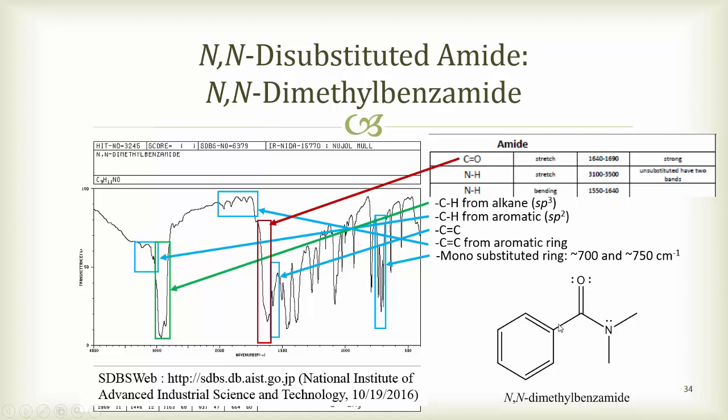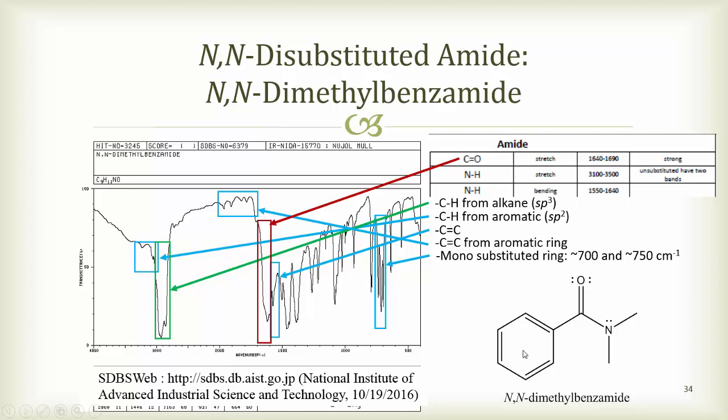So let's talk about the aromatic ring first. Again, we have sp2 hybridized carbons of the ring, and 5 of these carbons have hydrogens attached to them. Because they're sp2 hybridized carbon-hydrogen stretches, they should show up just above 3000 wave numbers. I don't know if I were a student that I would be able to recognize that. It's kind of undefined looking.